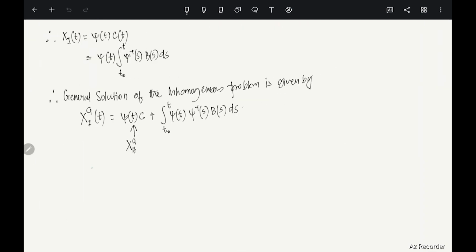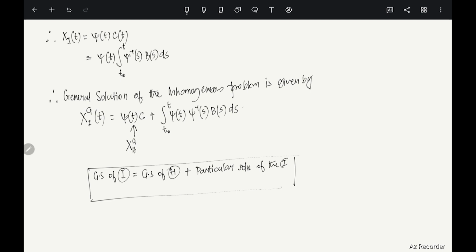So what I wrote is essentially that the general solution of the inhomogeneous problem is nothing but the general solution of the homogeneous problem plus a particular solution of the inhomogeneous problem, right?